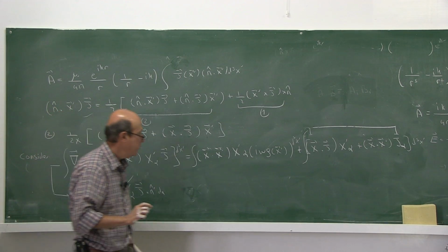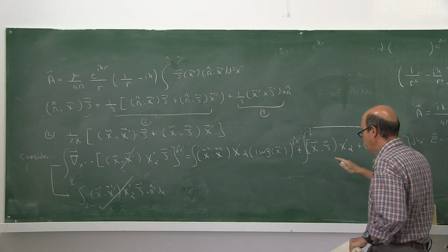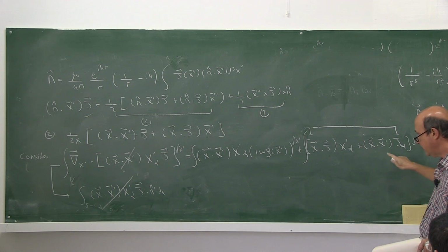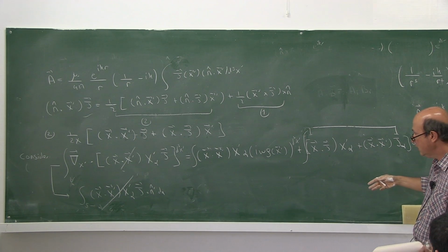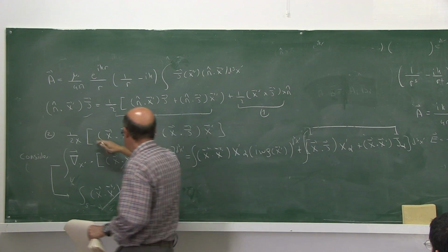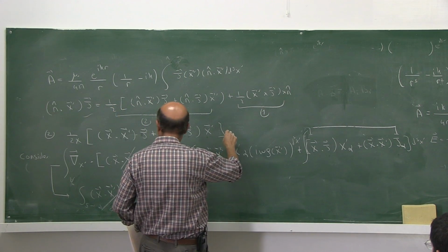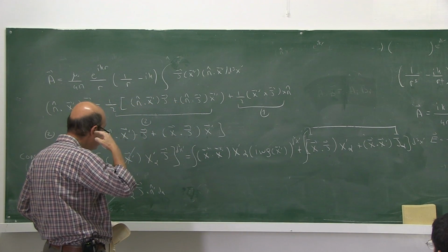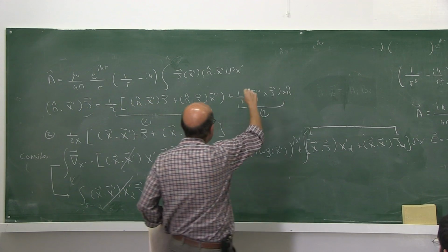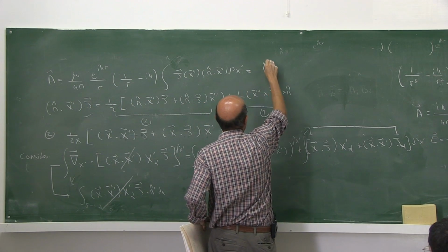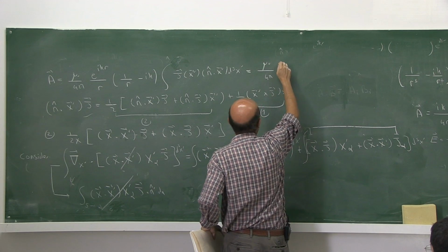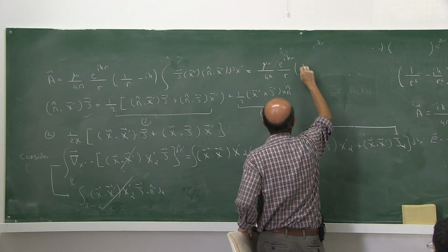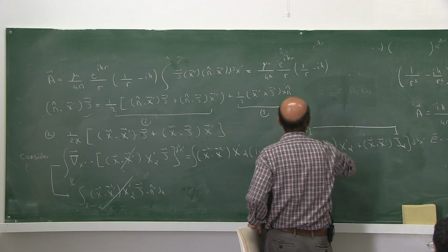So basically, if you do this for each alpha component, x, y, z, component by component, you will obtain the following integral, and your result will be what? Let me write in the above term: mu 0 over 4 pi, e to the ikr over r, times 1 over r minus ik.